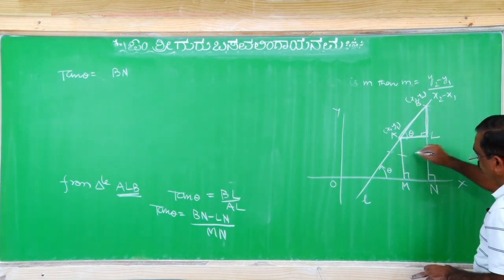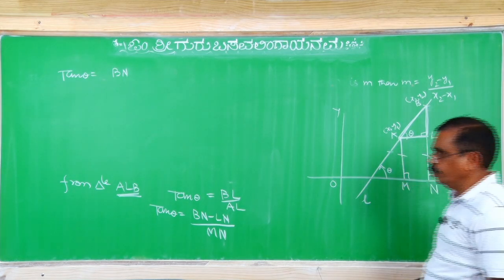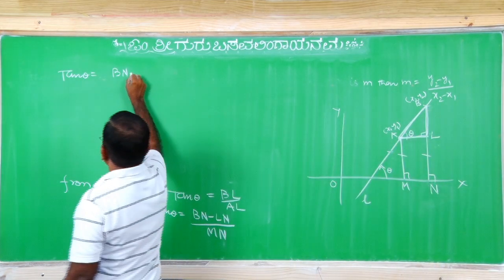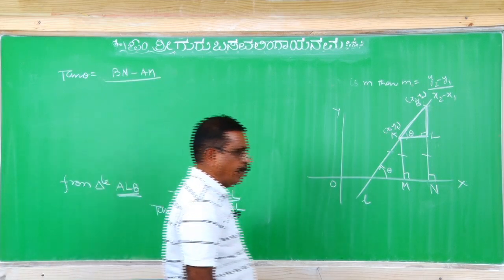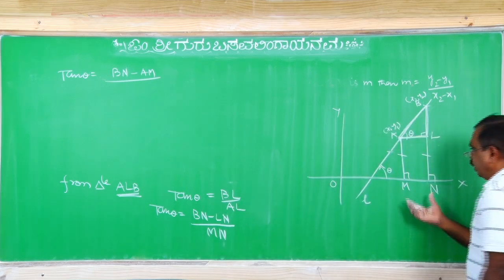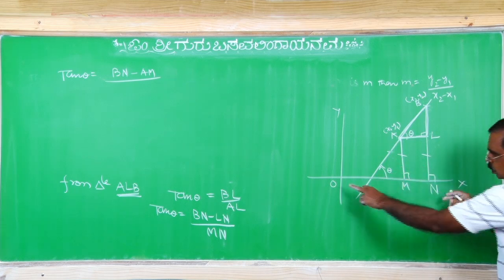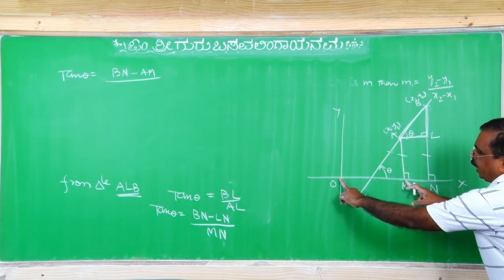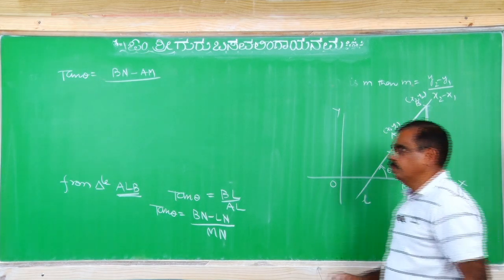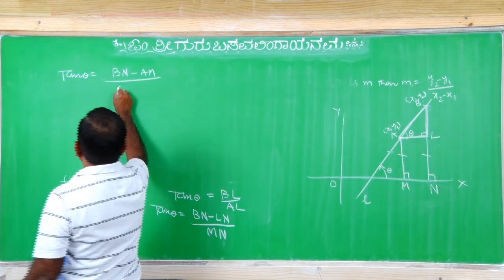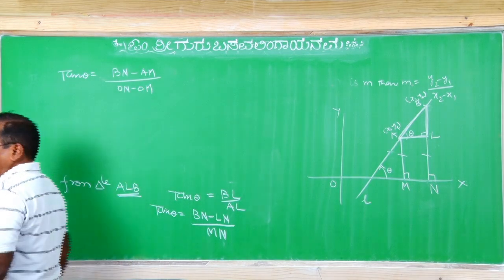And this value, LN is equal to what? AM. Minus AM. Whole divided by, next, MN. Observe this. Here this is MN. This MN can be written as ON minus OM.